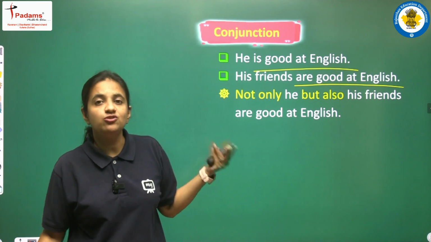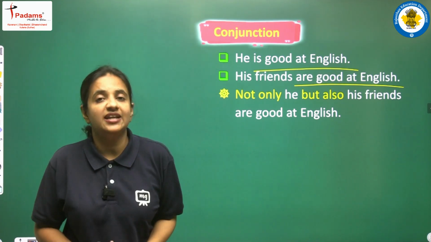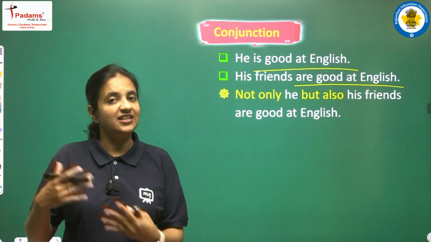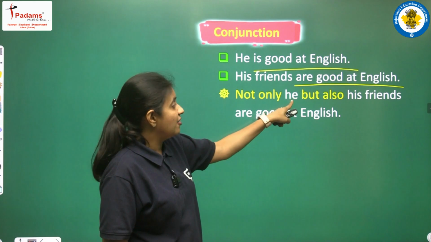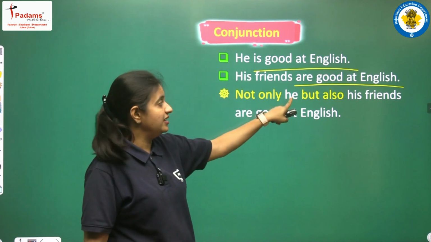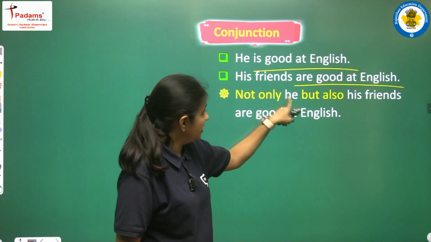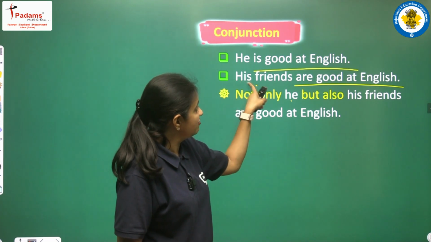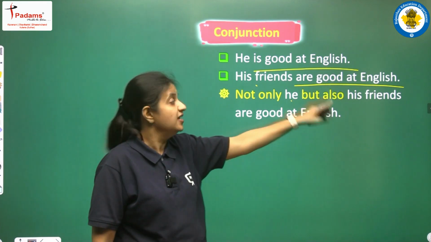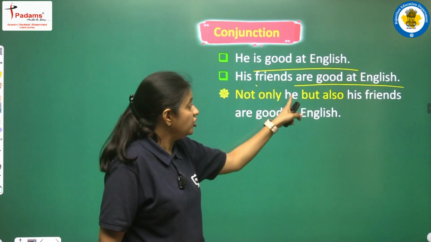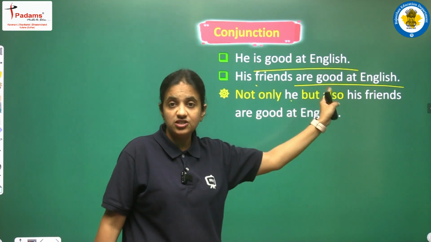So again we have to join the subjects using the conjunction "not only but also". Let's see how we can do it. Not only, after that the first subject, "he". So not only he, next but also, and after "but also" we write the second subject, "his friends". I hope this much is clear. Not only he but also his friends.